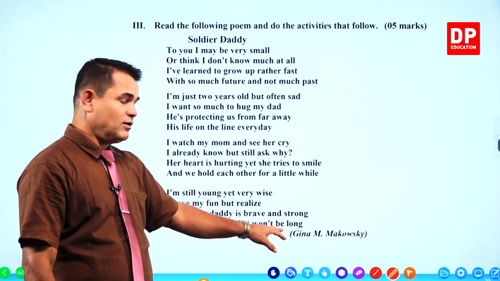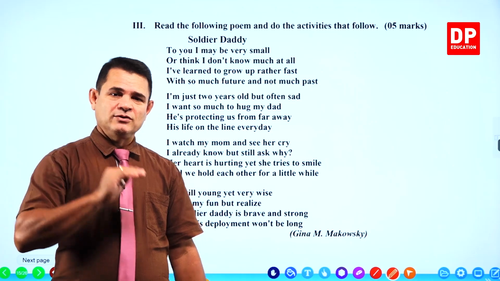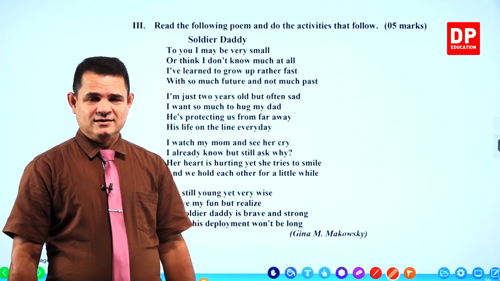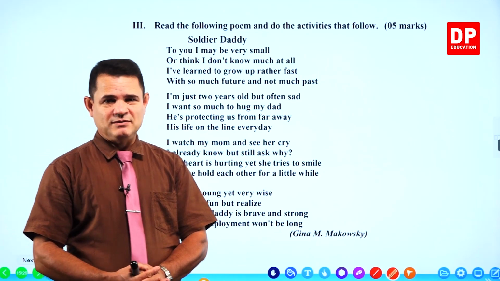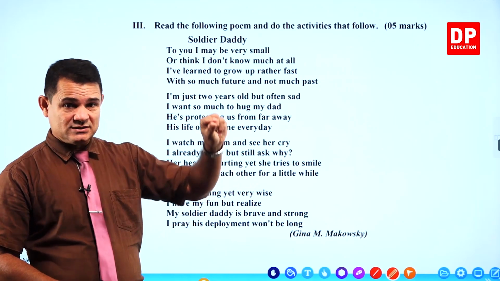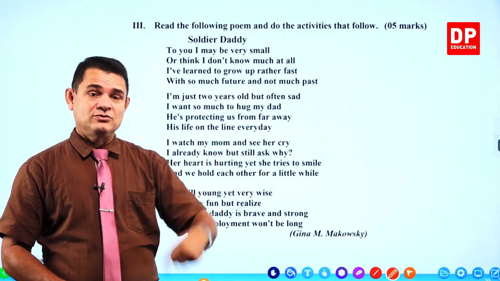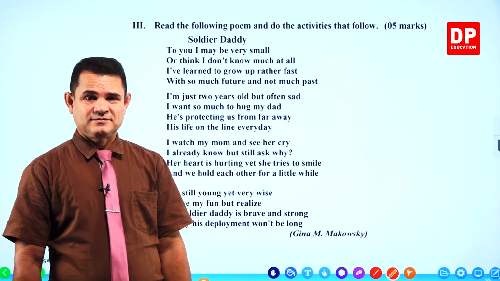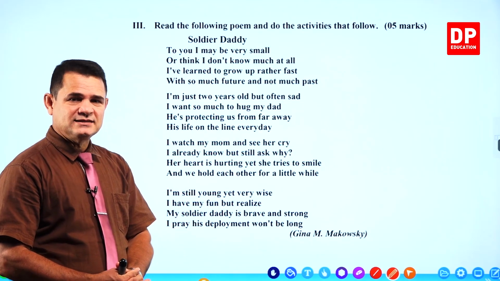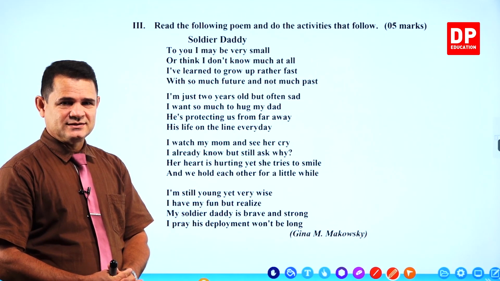Now his father is far away, in an army camp maybe. So that may be the reason he is praying that it won't be long. That means let him be able to come back to us soon. So that is the poem in short, right?